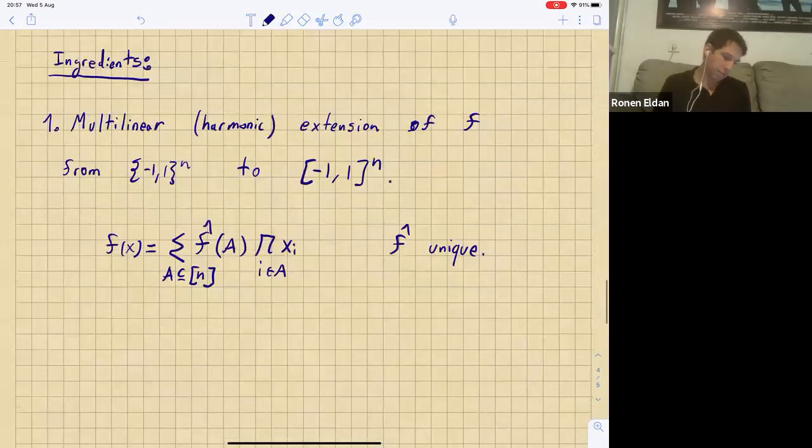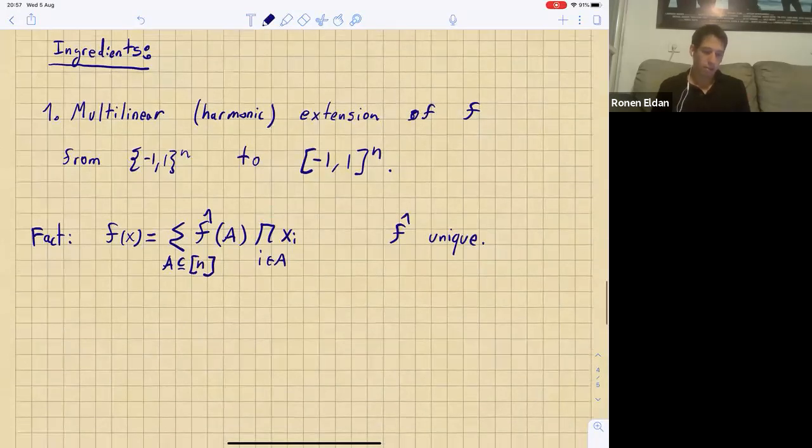This is a fact that just follows from the orthonormality of these characters. And this expression basically automatically induces an extension of f into the continuous hypercube, just by, this thing makes sense as a function where those xi's are continuous.